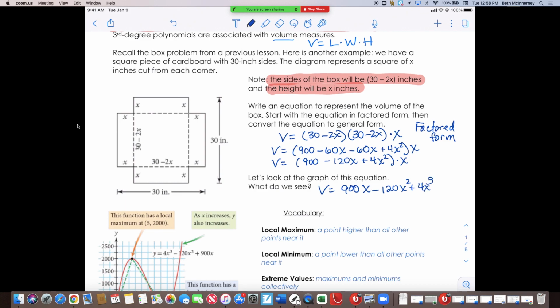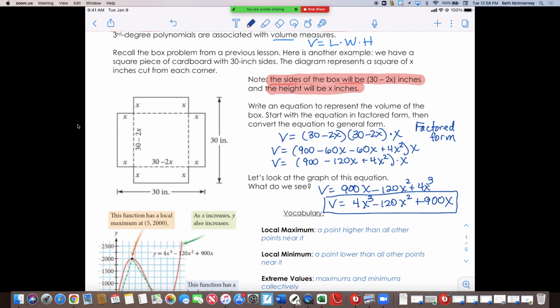All right, so then when I do this, then general form is highest power to lowest power. So when you're done, check to see if your final answer matches mine, that V equals 4x cubed minus 120x squared plus 900x.